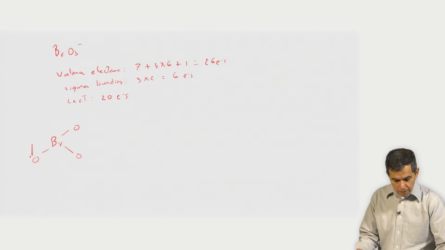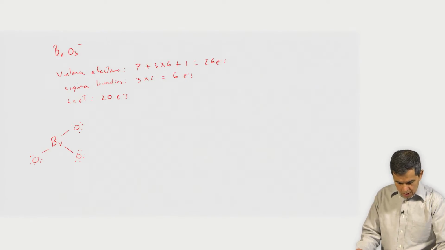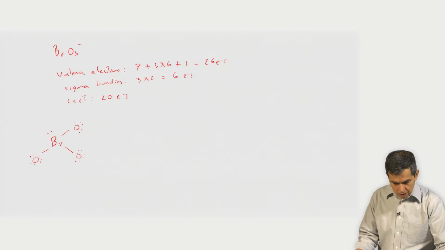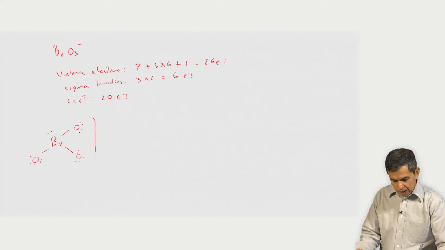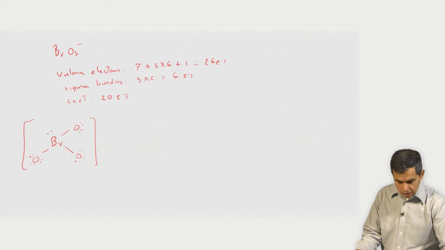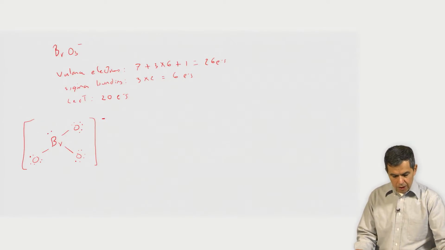So we are going to have 6 on each oxygen, that's 18, and we are going to have 2 additional ones on bromine, and since this is a negative ion, we are going to enclose the entire structure in brackets and put the negative sign.